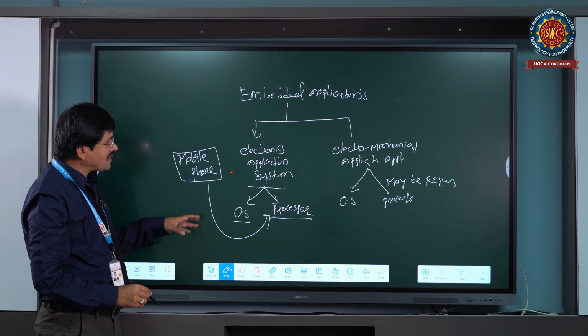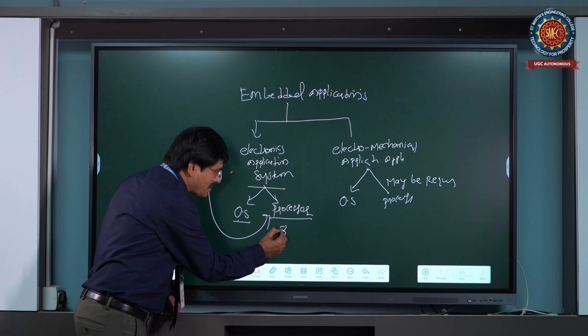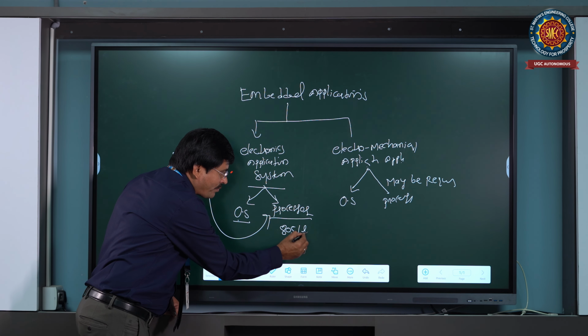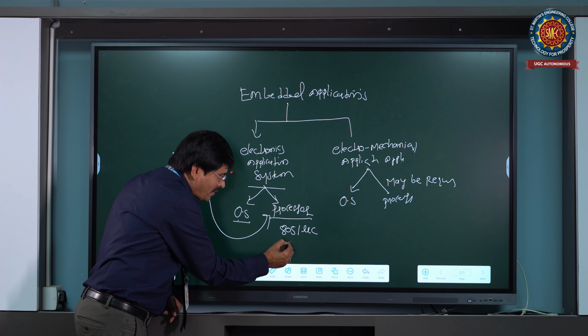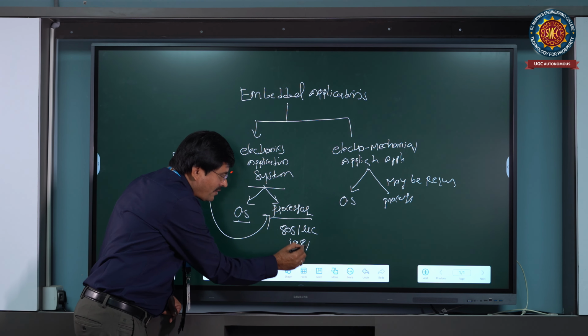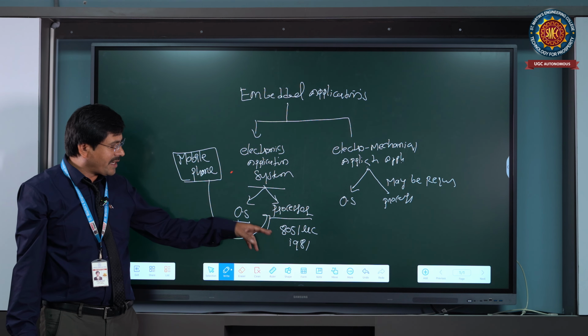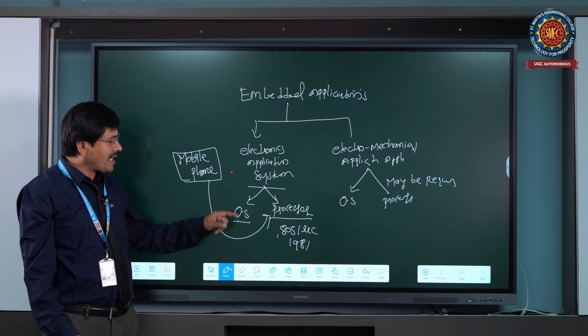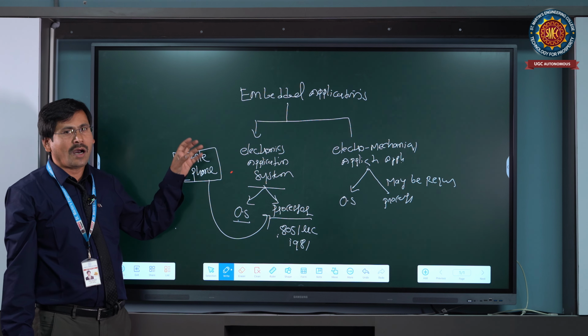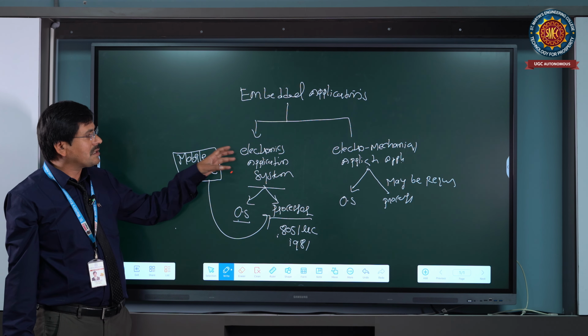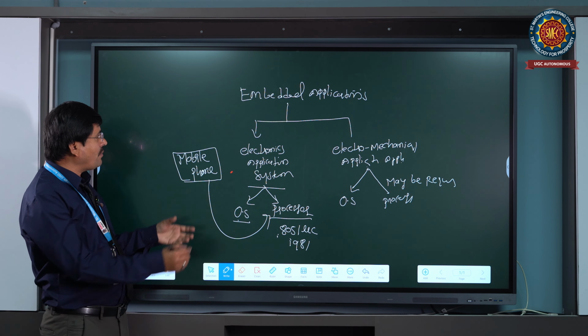But here we are discussing the 8051 microcontroller. It is a very basic microcontroller, from 1981. Still we are learning about these microcontrollers, because they provide the basic fundamentals for all advanced microcontrollers. Today a well-known advanced processor is the ARM processor, a family of microcontrollers.